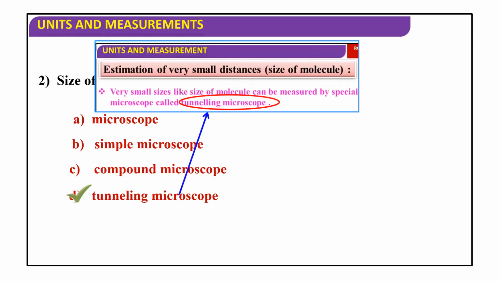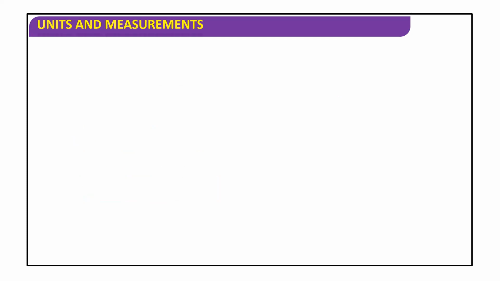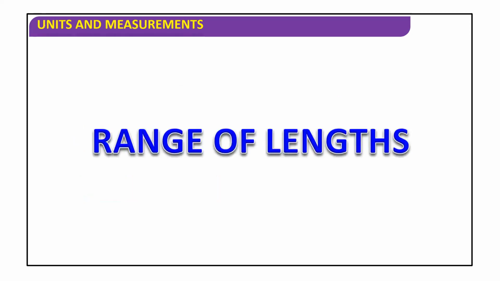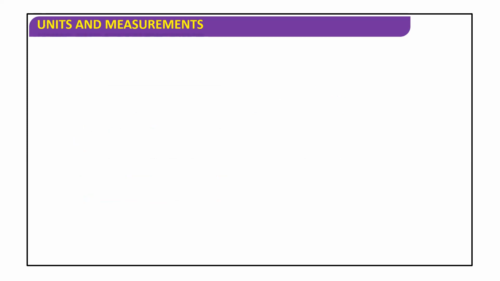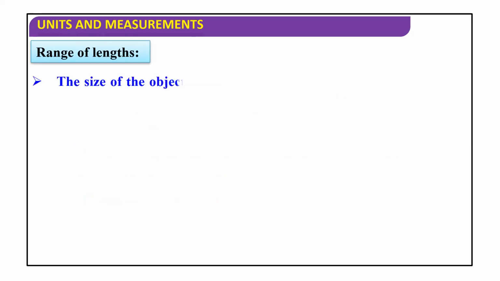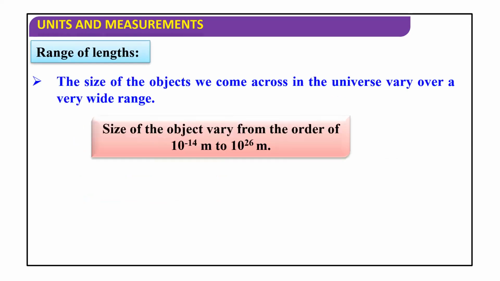So what I want you to understand is that to measure the smaller dimensions, we use the tunneling microscope. Now we are going to talk about ranges of length. The size of objects across the universe varies from 10 to the power minus 14 to 10 to the power 26 meters, or else, 10 to the power minus 15 to 10 to the power 27 meters.